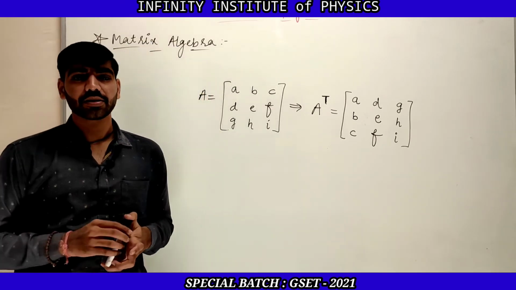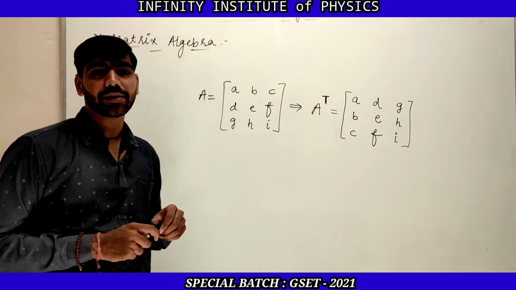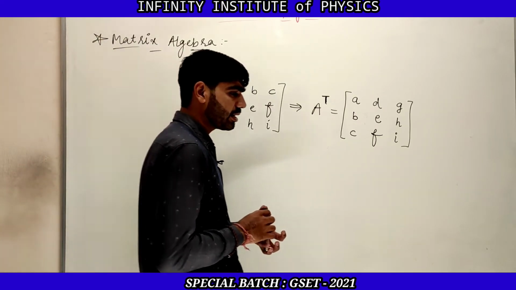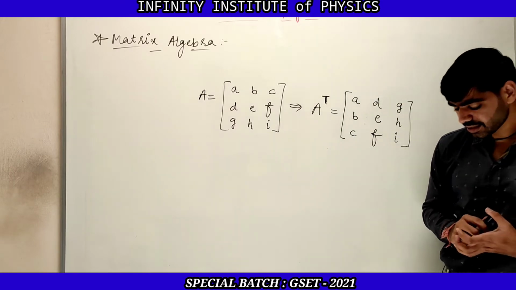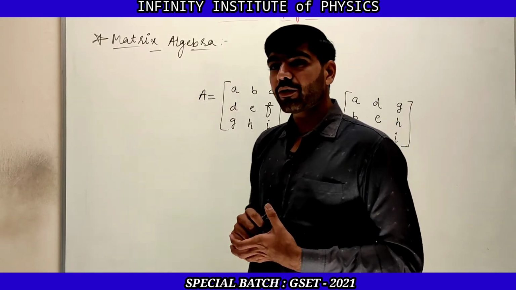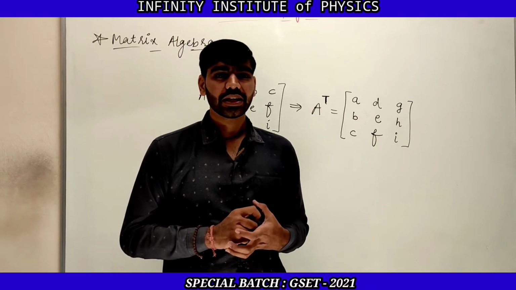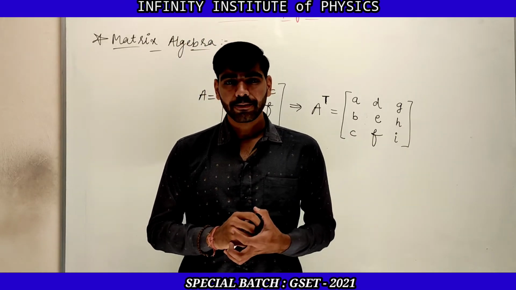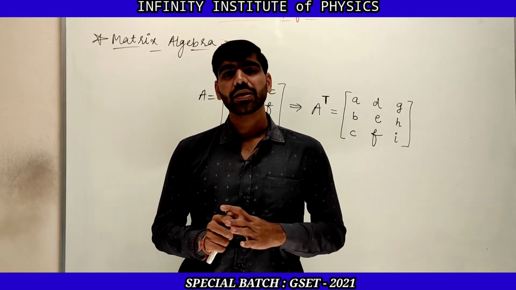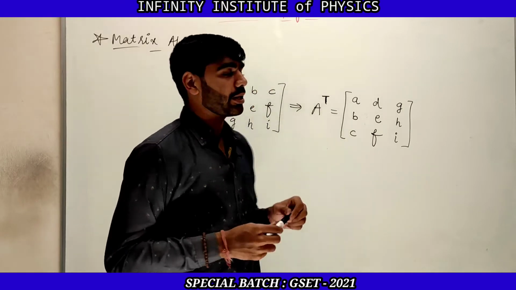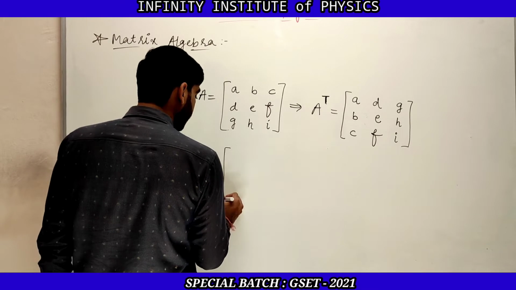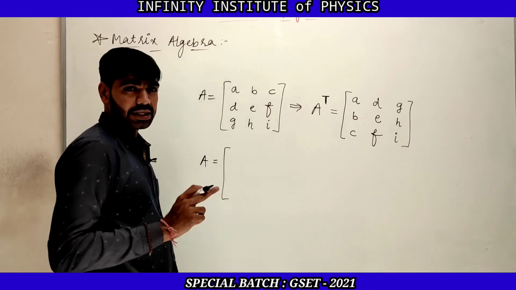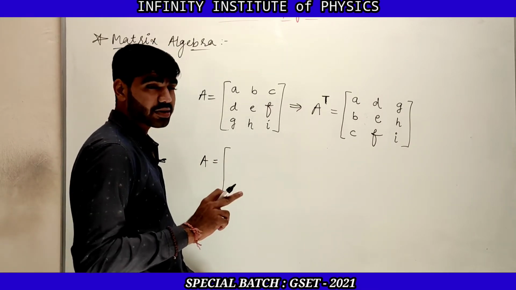Now the next definition is the identity matrix. What do we mean by the identity matrix? A matrix is said to be an identity matrix if every element other than the principal diagonal is 0 and every principal diagonal entry is 1.